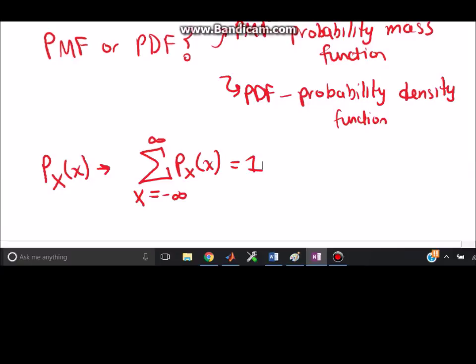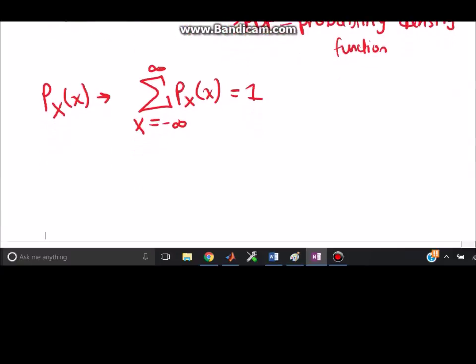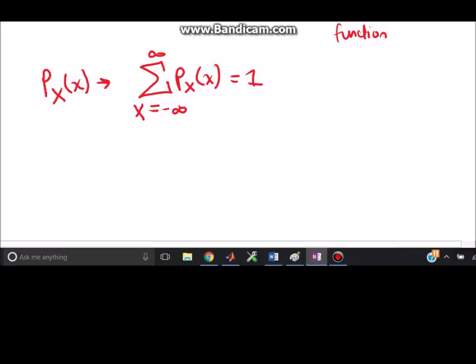And for a PDF, we denote it by Fx of x, where this x stands for the random variable. I don't know why I was writing a summation. You guys would have already guessed that it's not a summation. It's supposed to be an integral.